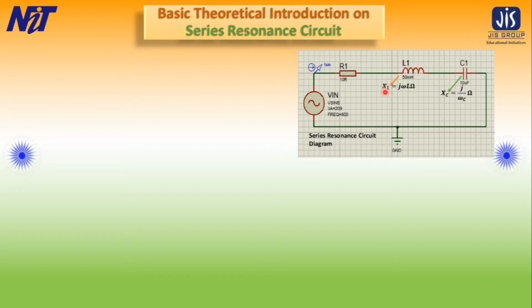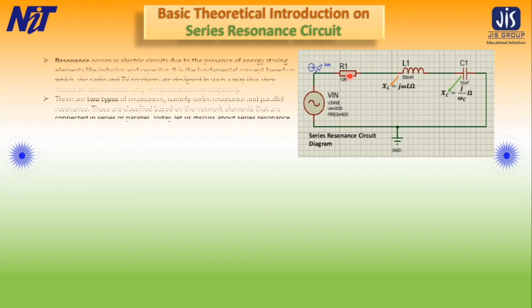You will also see the capacitive reactance XC as 1 upon j omega C ohms, and the inductive reactance XL as j omega L ohms, and resistance, as you already know, is independent of frequency.